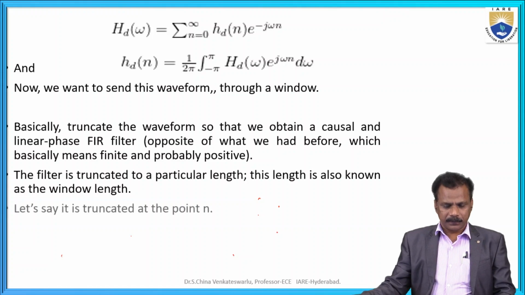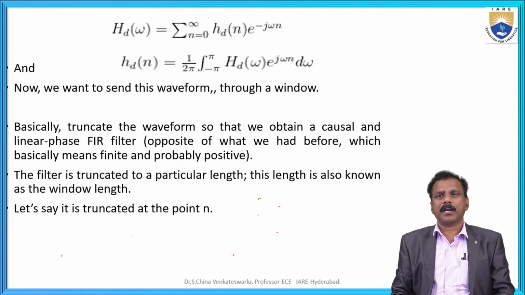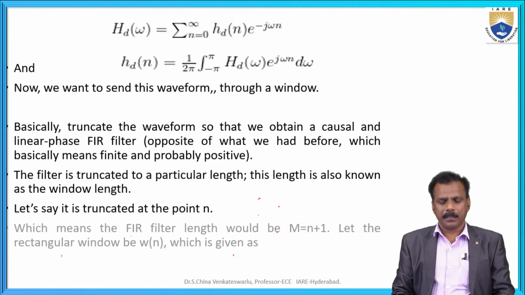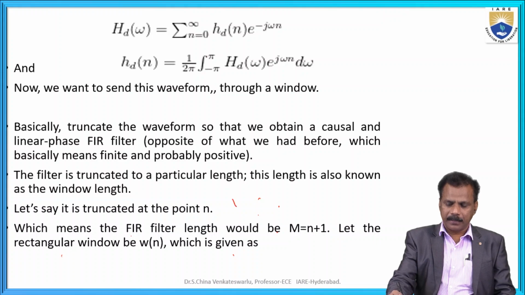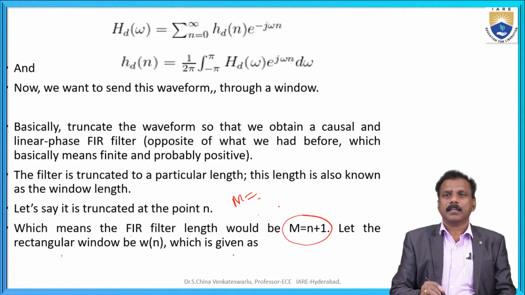Okay, with this, let's say it is truncated at the point N. So which means the finite impulse response filter length would be capital M, which is equal to N plus 1.